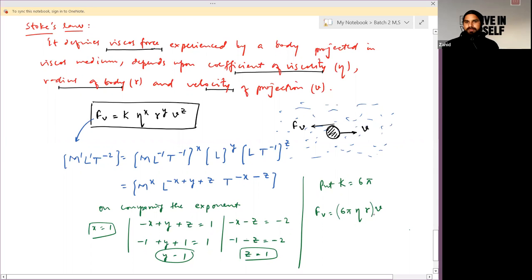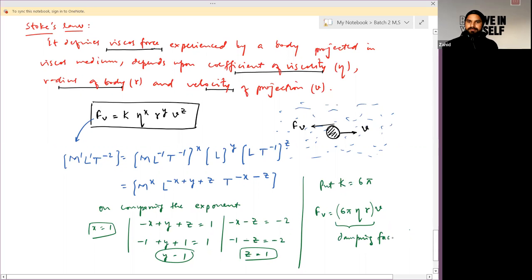So this force will mainly depend upon the velocity. This quantity, 6 pi eta r, is responsible for opposing that body, so it is also termed the damping factor.